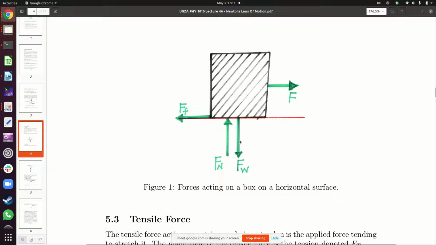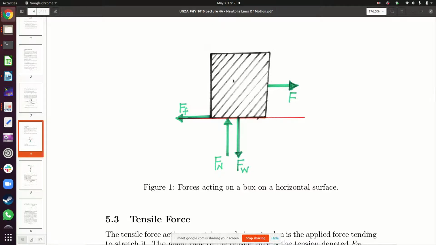The weight of this block is being directed downwards like that, and this weight is being exerted on this flat surface here. The flat surface is not happy about this, so according to Newton's third law of motion, this flat surface exerts an equal but opposite force on the box.